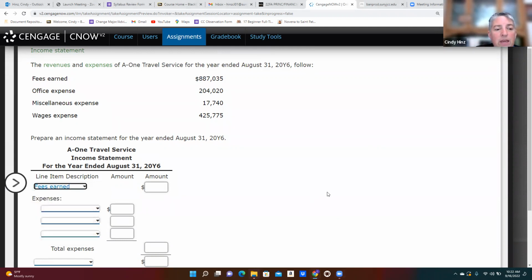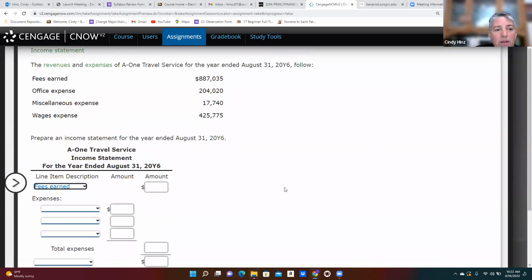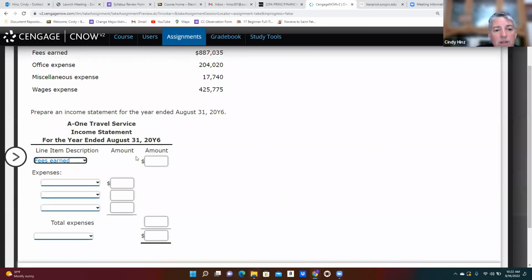While I'm filling in the account titles from what I see up above, I will mention the 3-line heading that's on all financial statements: name of the company, name of the financial statement, and then the date or range of dates. So a balance sheet just has a date. The income statement, the statement of stockholders' equity, and the statement of cash flows all cover a range of dates. And so it would specify, is this for the day, the week, the month, the year, the quarter, whatever.